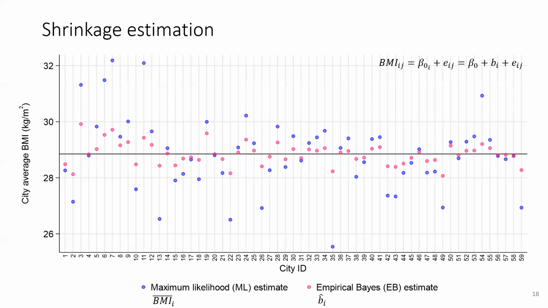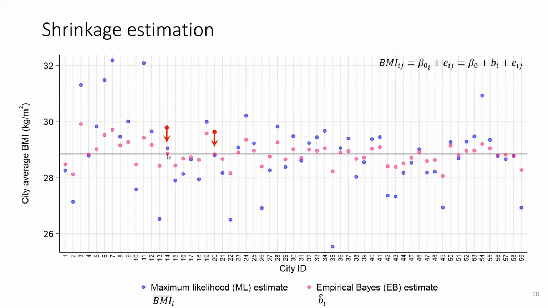So here, since my city belongs to all these cities, we want to borrow information from other cities. And this is the reason why this red point is calculated as a weighted mean between the observed mean and the overall mean. And I pointed out these 2 cities where we had sample sizes of 7 and 10.